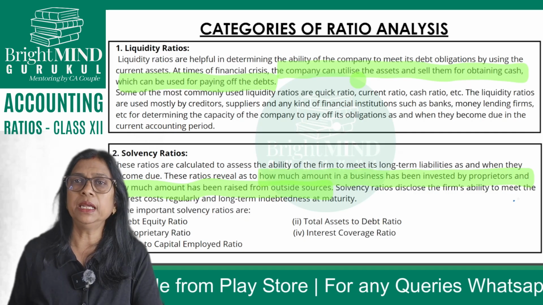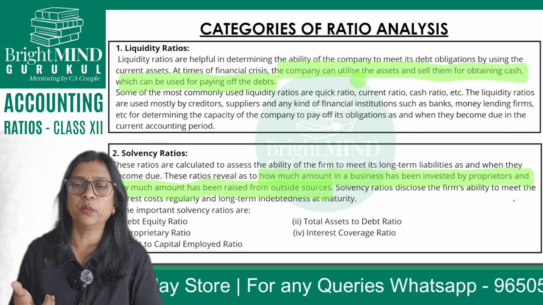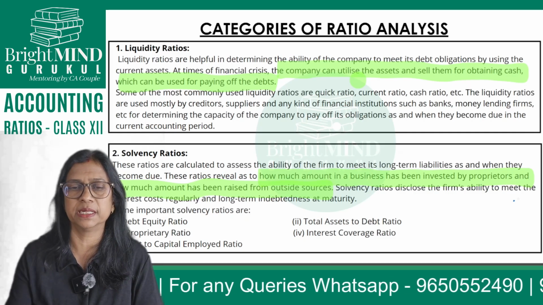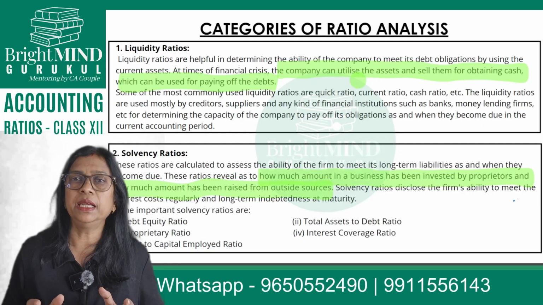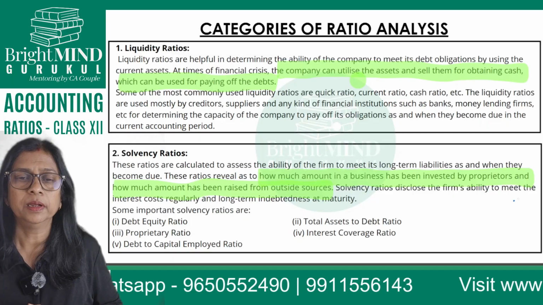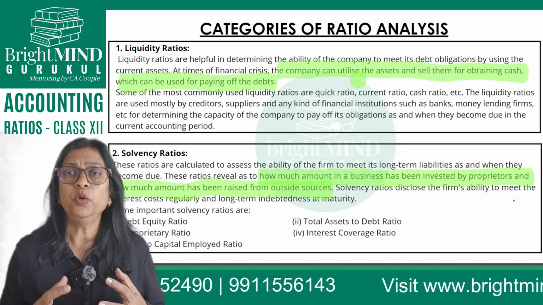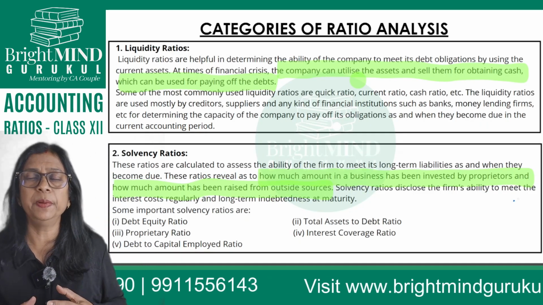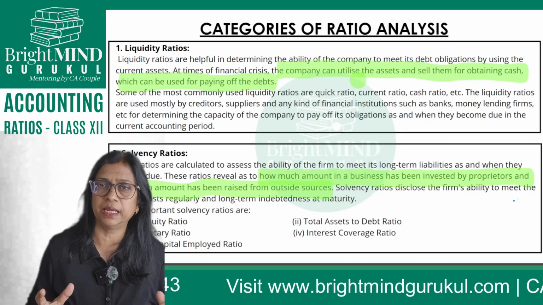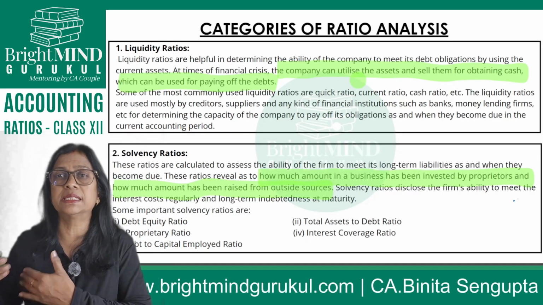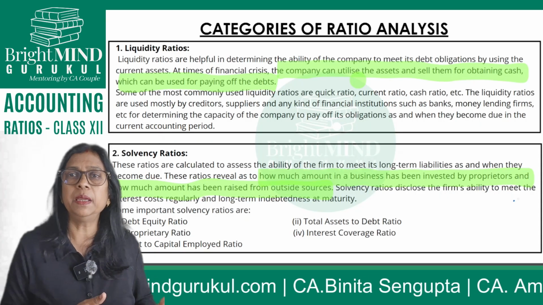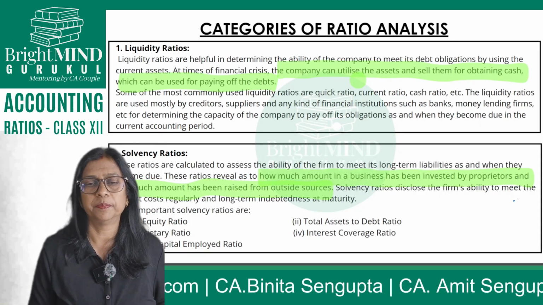Under liquidity ratios come the current ratio, the quick ratio, the cash ratio, etc. As the name suggests, the liquidity ratio is required to find out whether, in case of financial crisis, the company can utilize its current assets, sell them off and repay its debts or not.